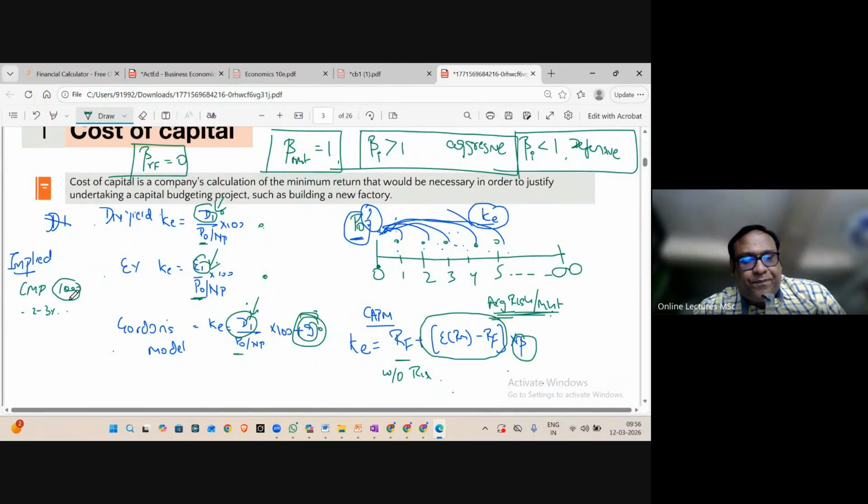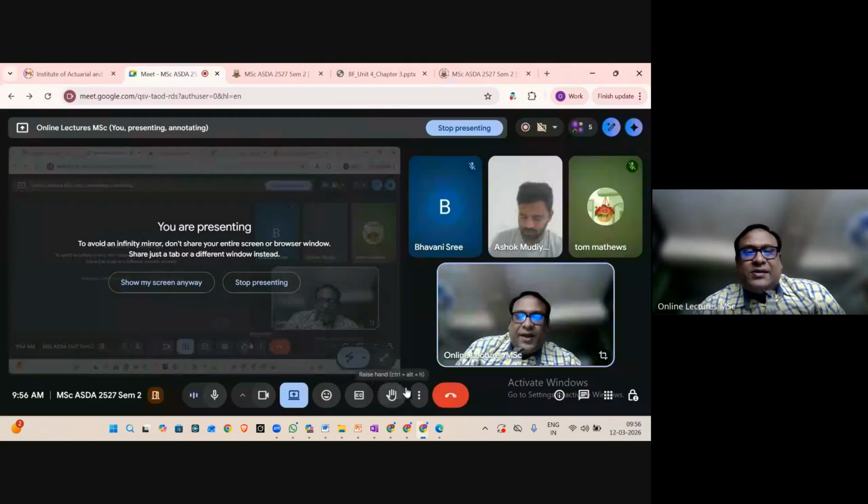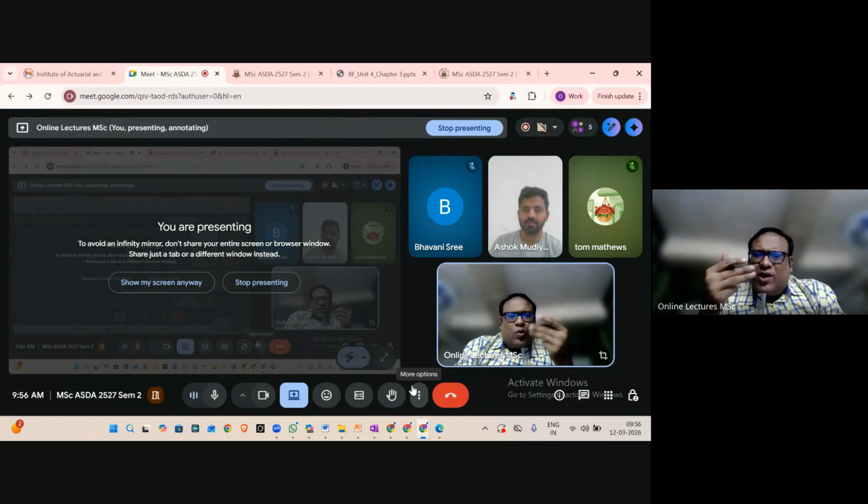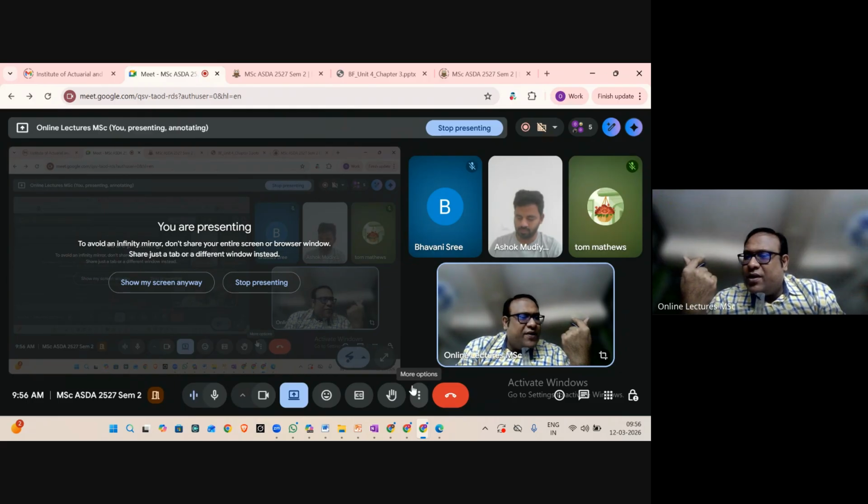Or even at times you have to pay some flotation cost of another 2-3%. To make the issue attractive, sometimes you don't issue at market price. You issue at a slight discount, 1-2% to the current market price. And also there will be some intermediary who will ensure that the issue floats properly, who will charge you 2-3% for his services.